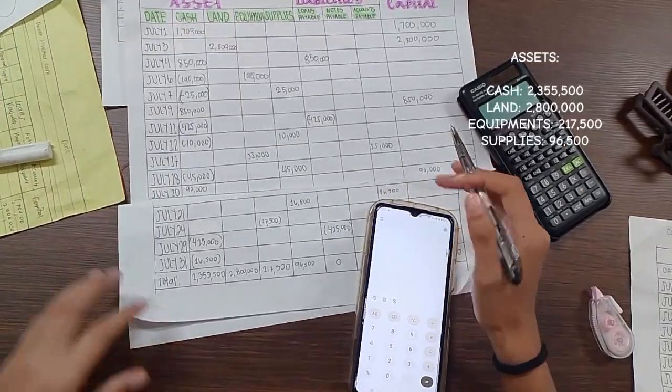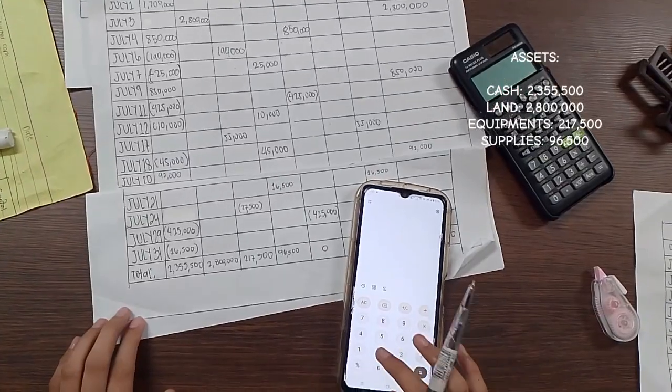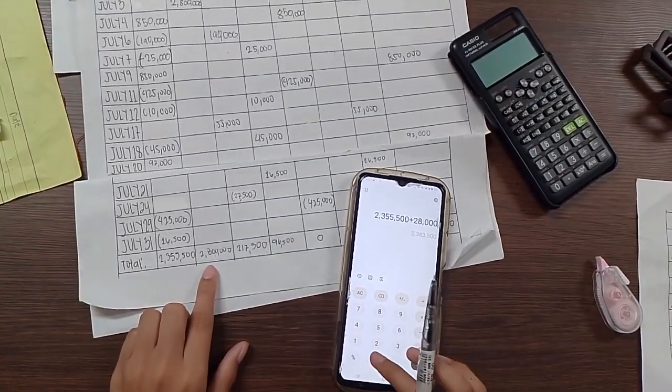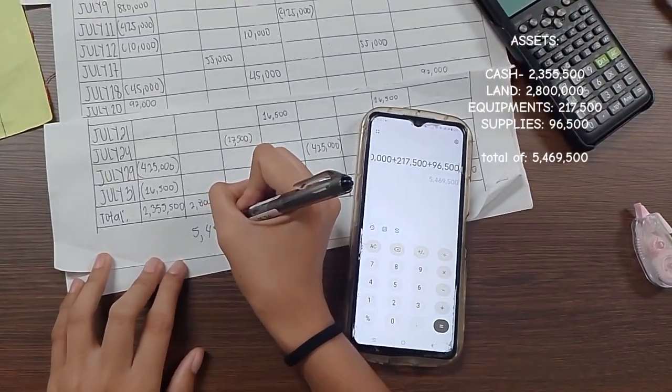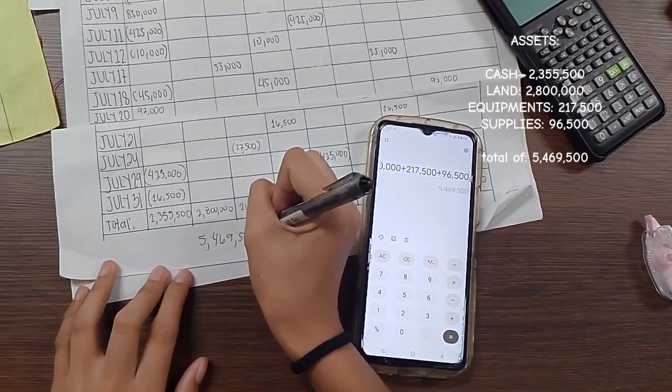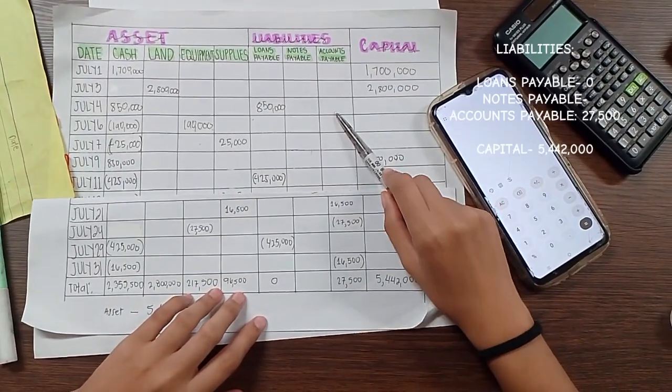All the assets: this is the cash, this is the land, this is the equipment, and this is the supplies. So this is the total of the assets. Let's proceed to liabilities and the capital.